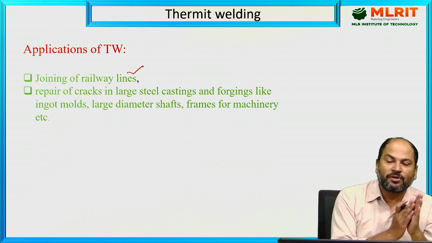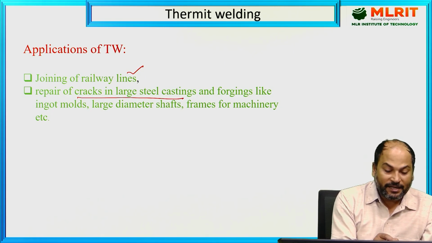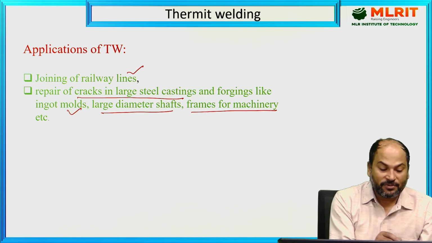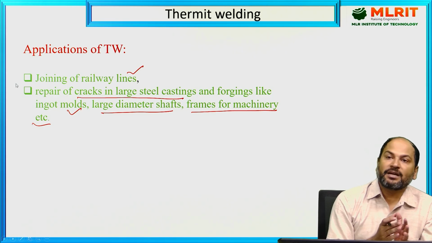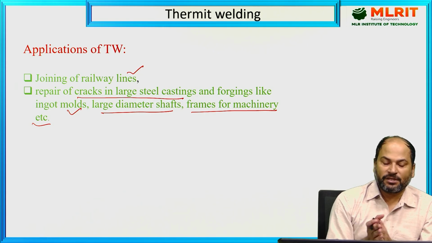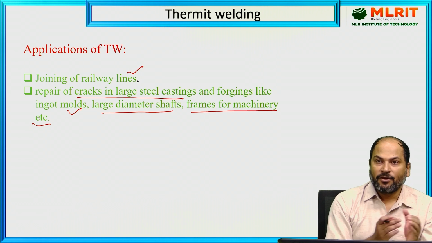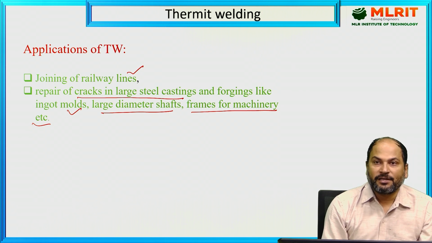This is also used to repair those. So it is used for repair of cracks in large steel castings and forgings like ingot molds, large diameter shafts, frames for machinery, etc. Its major use is especially in construction, where the large sections have worn out because of use. There it can be used for repairing those worn out parts, and of course it is used for welding of railway tracks.